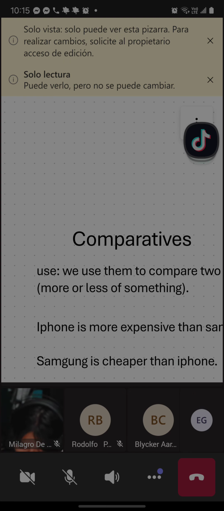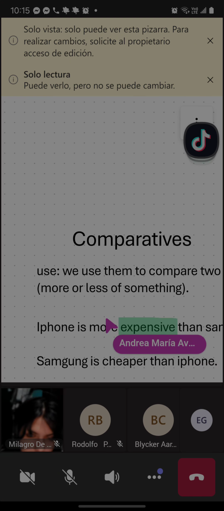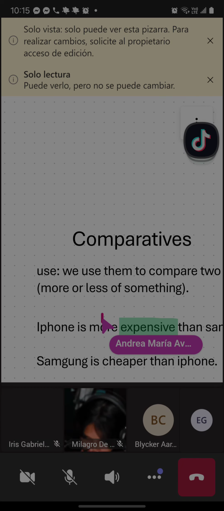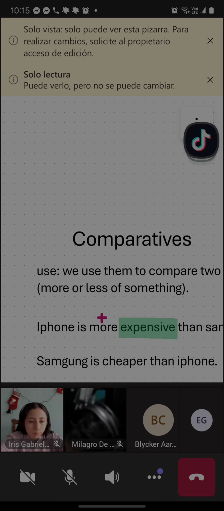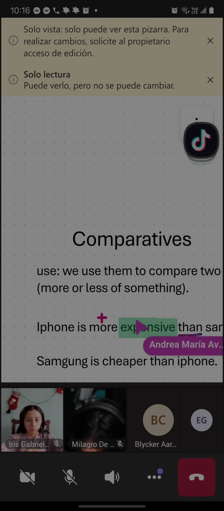In comparatives, when we have a long adjective like expensive, we only add more before the adjective, and we add than before the other noun. This is the formula. More expensive than for a long adjective. How can you know if an adjective is long? When it has more than one syllable.